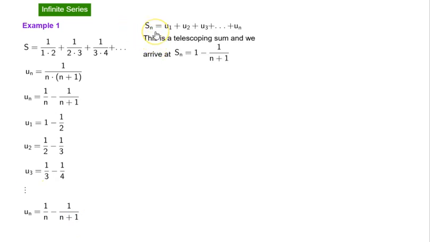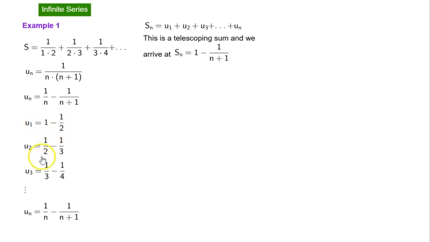S sub n, the partial sum up to the nth term, is U1 plus U2 plus U3 and so on up to U sub n. This is a telescopic sum. And we arrive at S sub n equal to 1 minus 1 by n plus 1. How? Look at this. We are adding up all these. So when we are adding up all these, what happens?